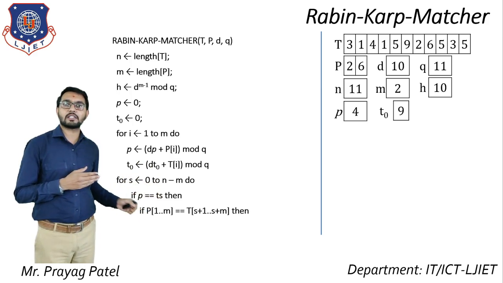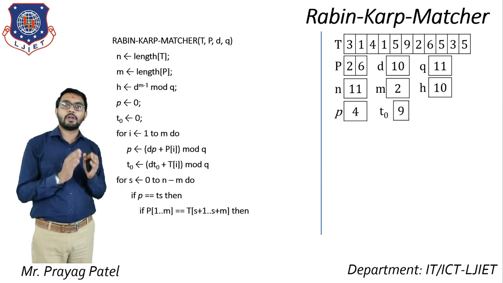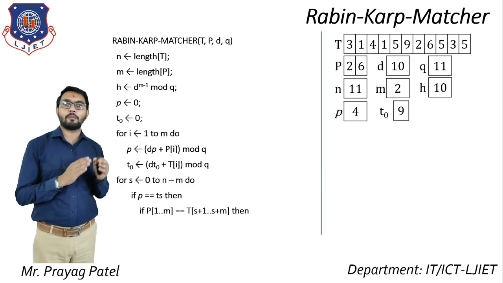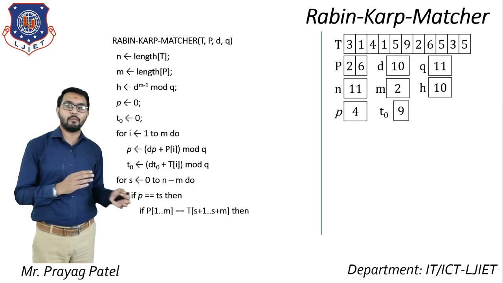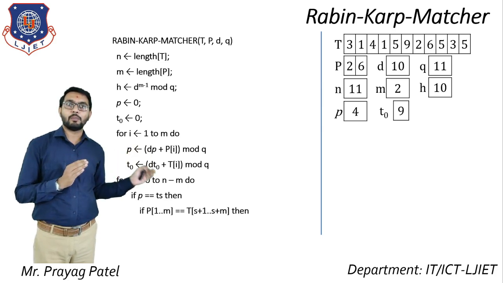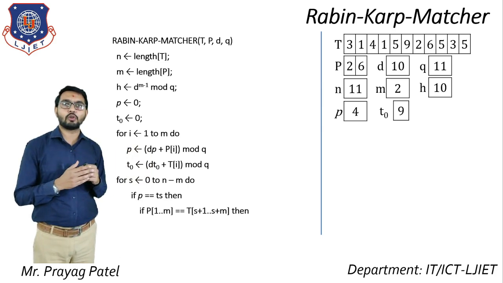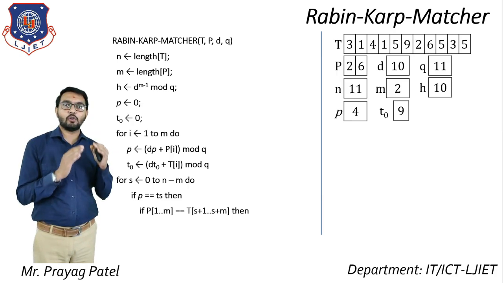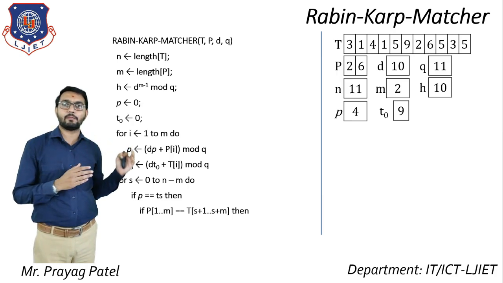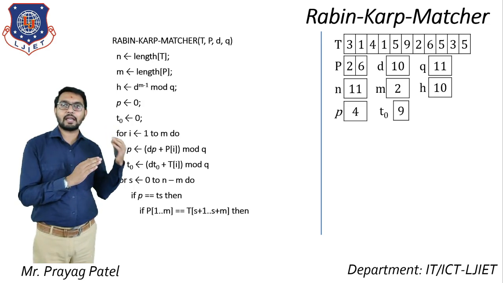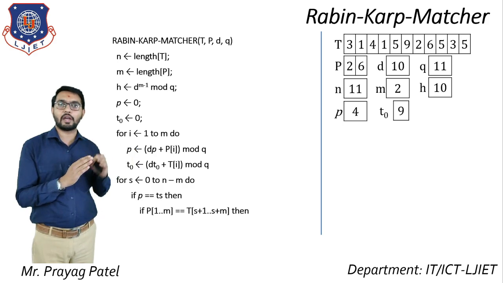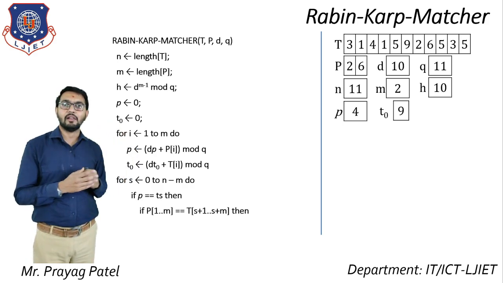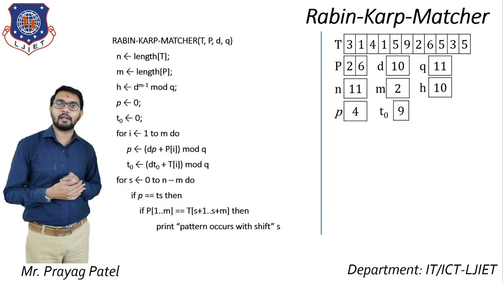So here consider the next step as if p of 1 to m equal to t of s plus 1 to s plus m, means here for example consider p value equal to 4 and t of s value equal to 4, then we consider both the text and pattern and match the individual elements, means 4 occurs from the 15. Then consider the t of s as 15, t of s as 4, and take the whole text as 15 and compare the 15 with the 26. So this step is used for that.